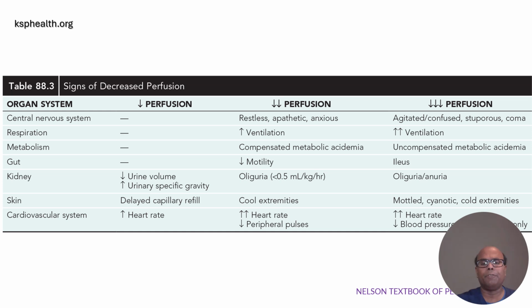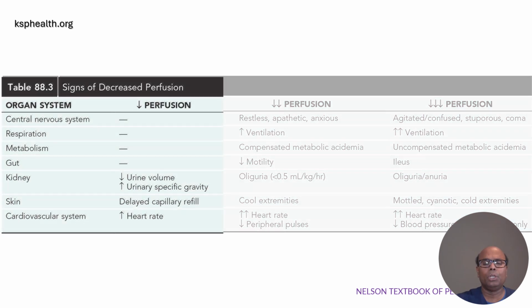So what are the signs of decreased perfusion? Again, there are three grades I wanted to show you. When there is a mild stage, you will see scant urine volume, increased specific gravity of urine, delayed capillary refill, and most importantly, increased heart rate.